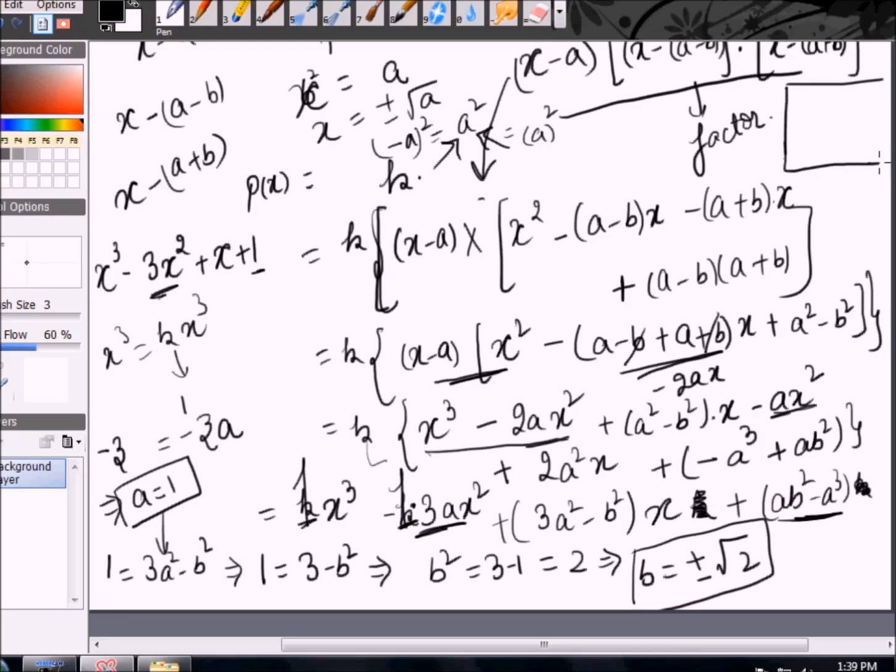On comparing the constant term, we get RHS equal to a b square minus a cube. a is 1 and b square is 2. 2 minus 1 equals 1, which is LHS. Therefore, the values of a and b are a equal to 1 and b equal to plus minus under root 2.